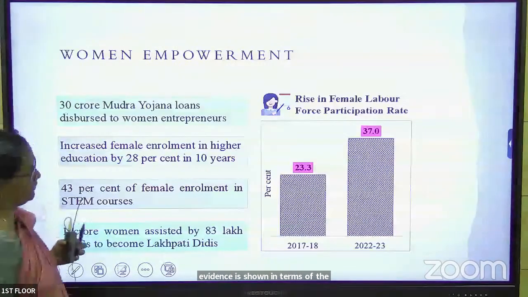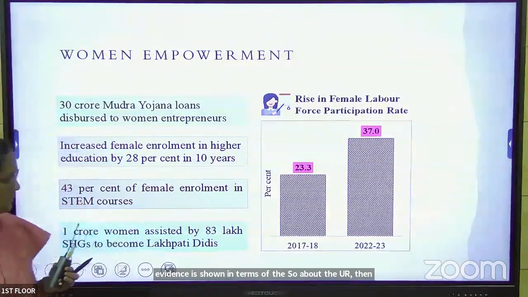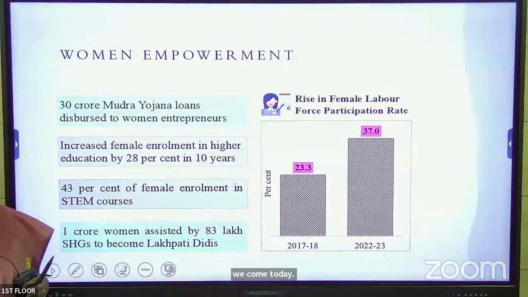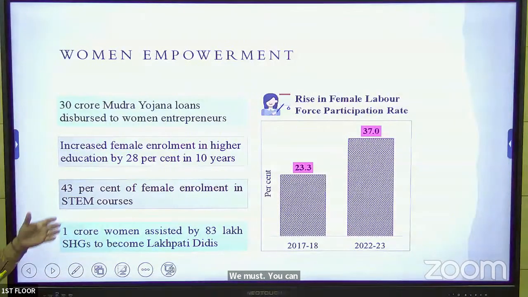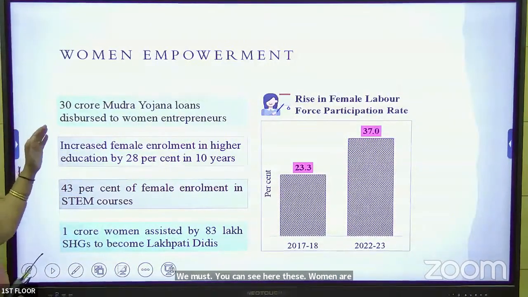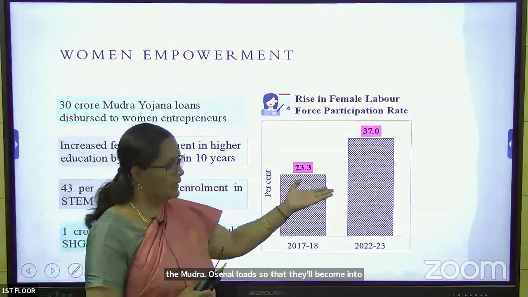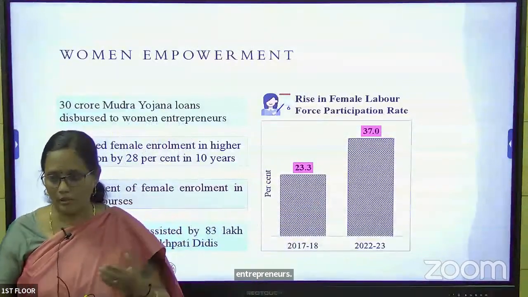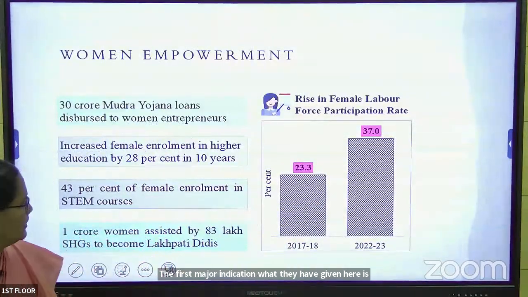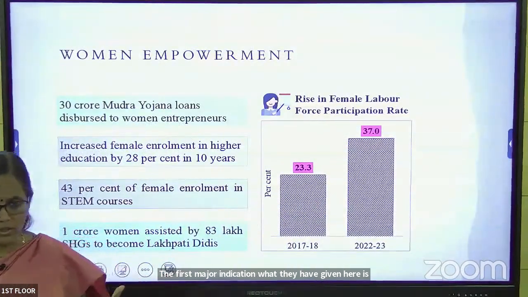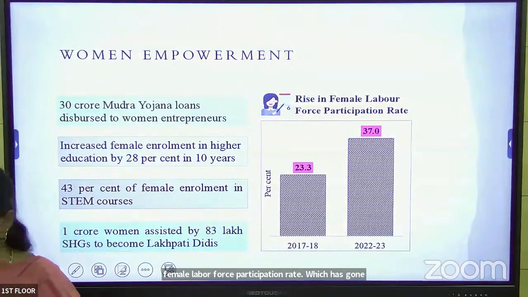About the Yuva, then we come to the Nari Shakti, which is women's empowerment. You can see here, these women are also getting the Mudra Yojana loans so that they will become entrepreneurs. The first major indication they have given here is the female labor force participation rate, which has gone from 23% to 37%.